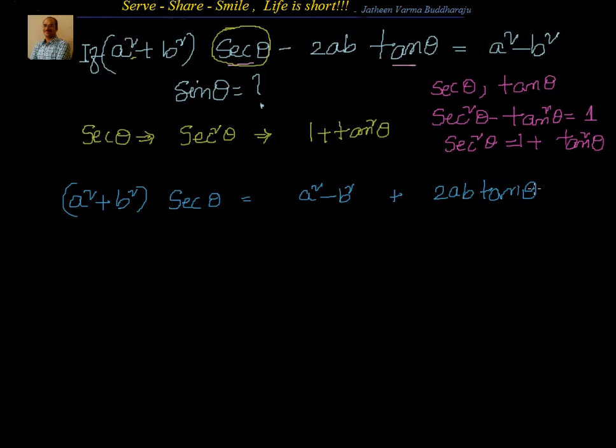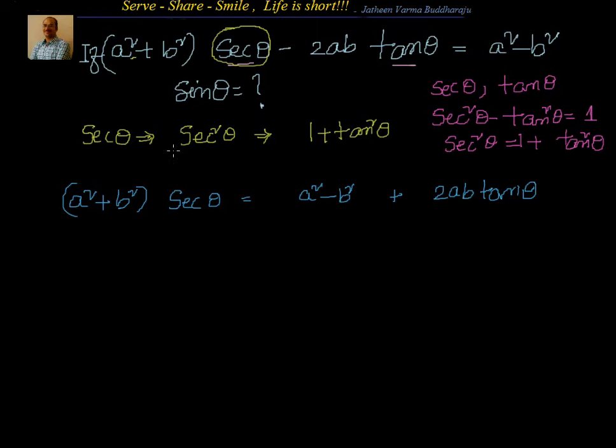We haven't done anything, just moved the 2ab tan theta term to the right hand side, because you remember our idea was to convert this secant theta into secant square theta, then apply the Pythagorean identity and convert that into tan.